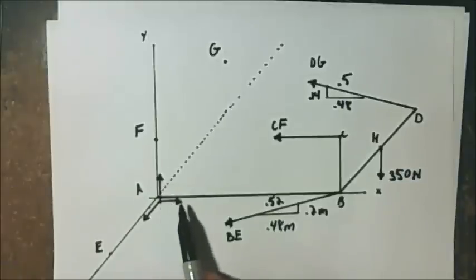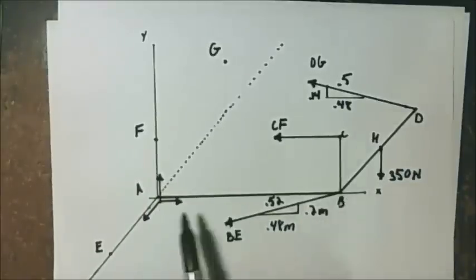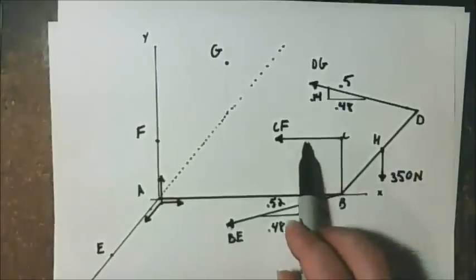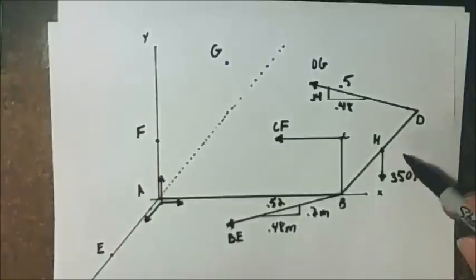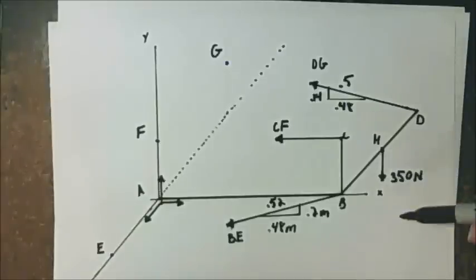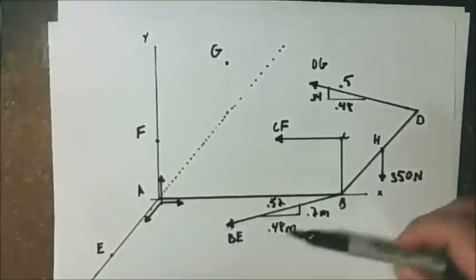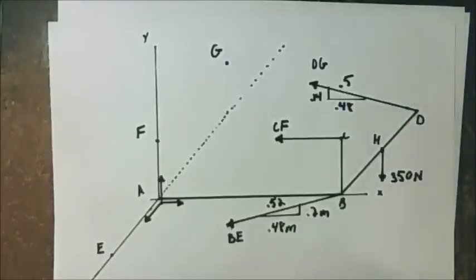These reaction forces at A are intersecting the x-axis and will not create a moment. This force of cable CF is parallel to x and will not create a moment. So I have this force of 350 newtons, which represents the weight of the frame. That will create a moment about the x-axis, and this cable DG will create a moment as well.